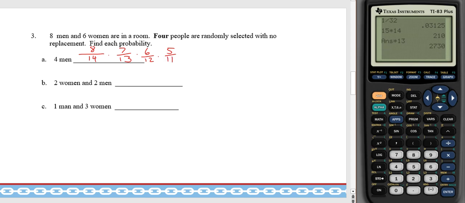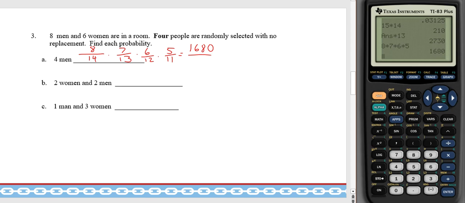Right, because we started off with 8 men and then decreases from there. So 8 times 7 times 6 times 5. 1680.